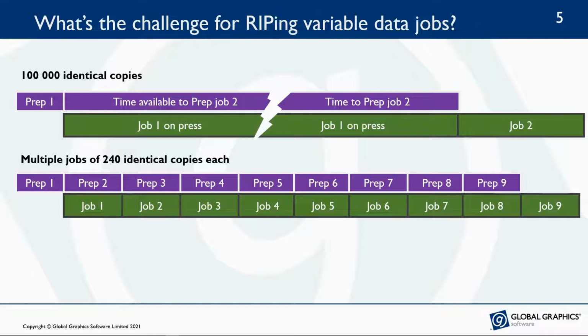But there are still multiple minutes or seconds to prepare the next job to print while the previous one is being printed. As an example, 240 copies takes 2 minutes for each job to print on a 120 page per minute press, so I have 2 minutes to prepare the next job.